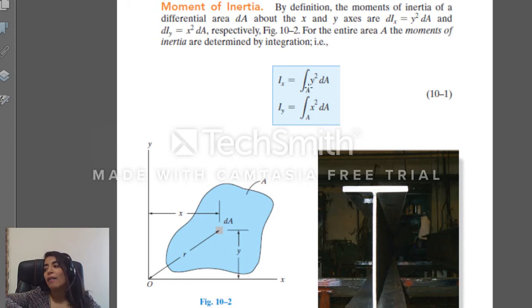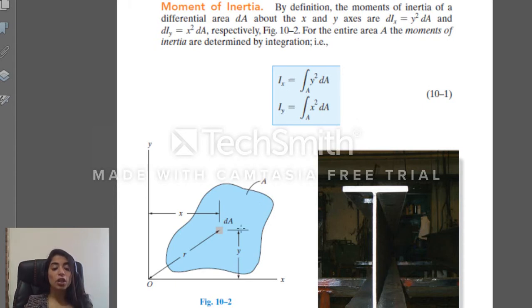Now, if I have several areas and they are all regular and their number is not infinite, I can, guys, replace this integration by a sum, as we did in the case of the centroid. So basically, guys, Ix is equal to the integration of y squared dA, and Iy is equal to the integration of x squared dA over all this area.